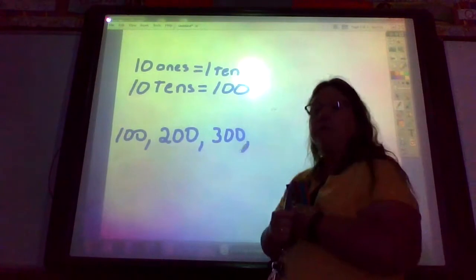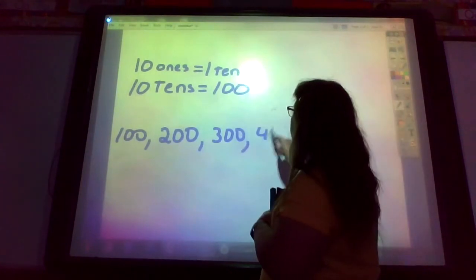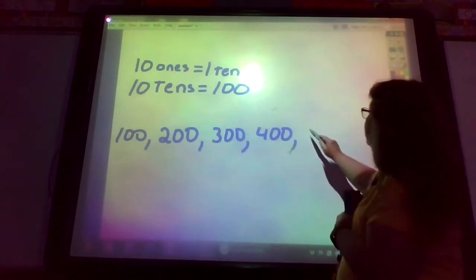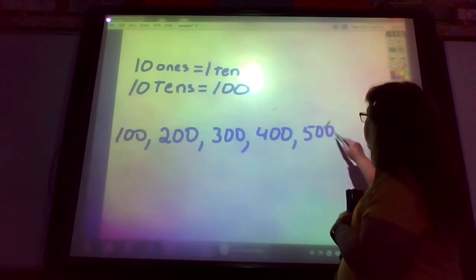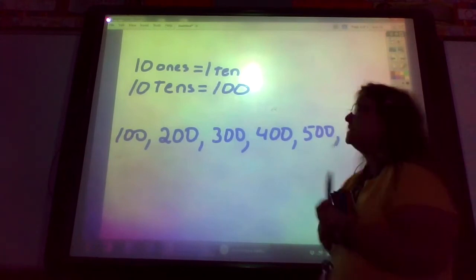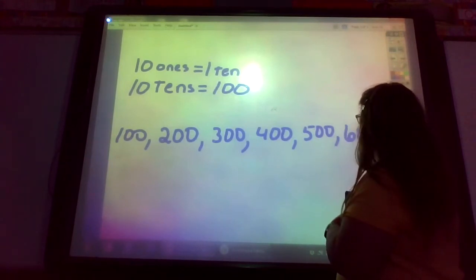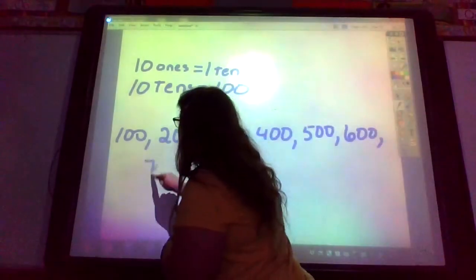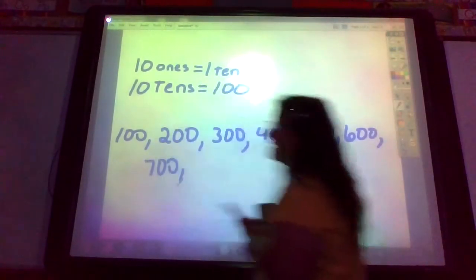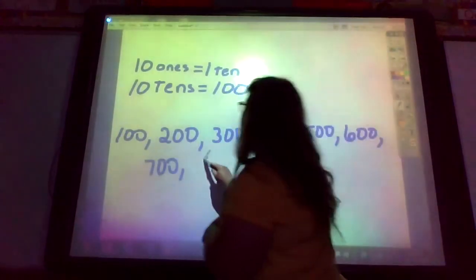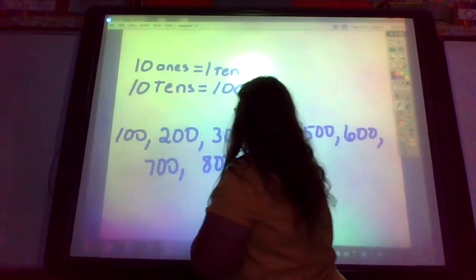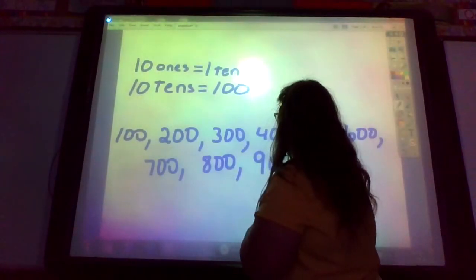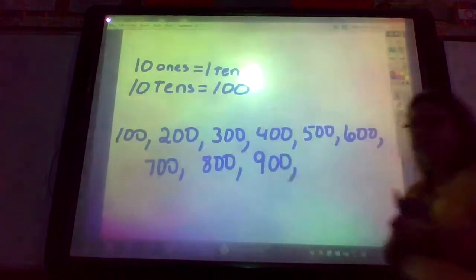A fourth bundle would be 400, a fifth 500, a sixth 600, a seventh 700, an eighth 800, and a ninth bundle of 10 would be 900.